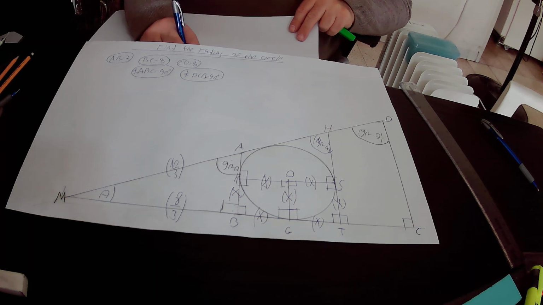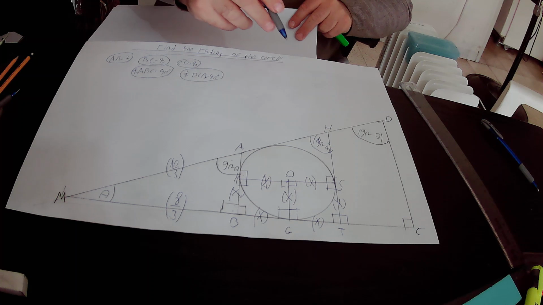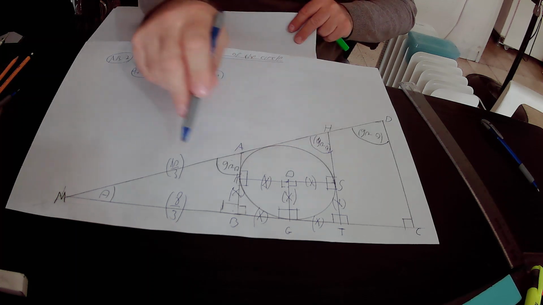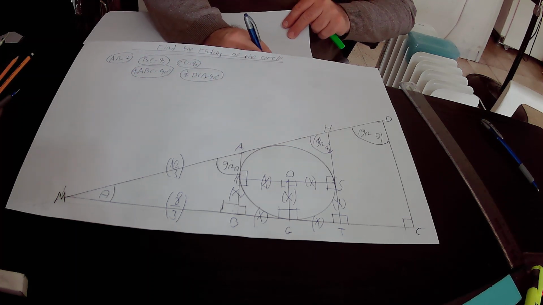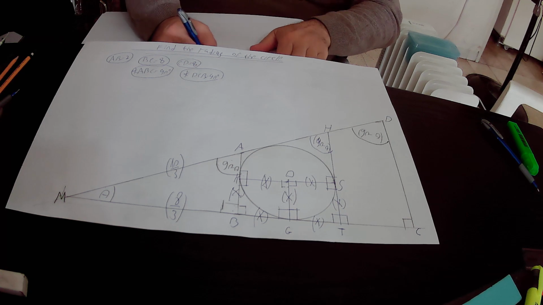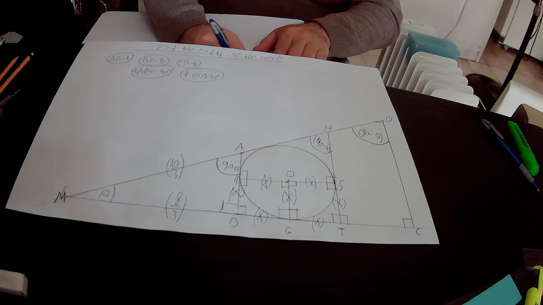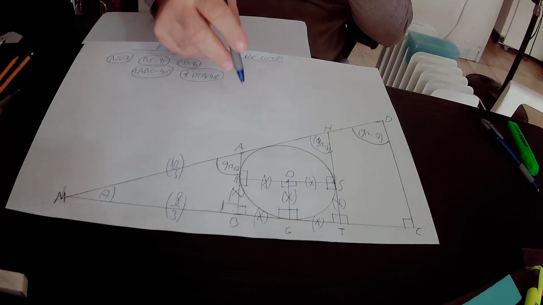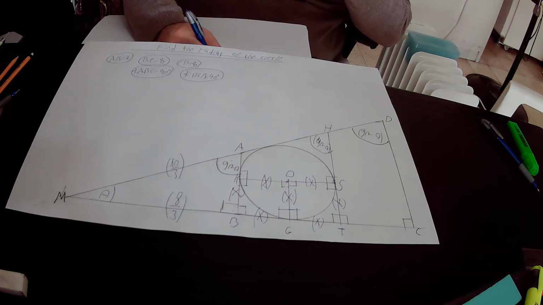We'll prove that the right triangle HTM is similar to the right small triangle ABM.